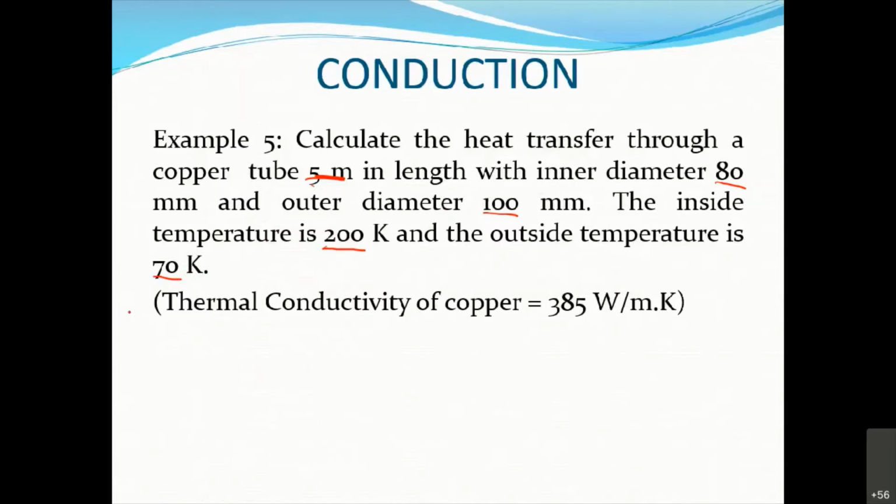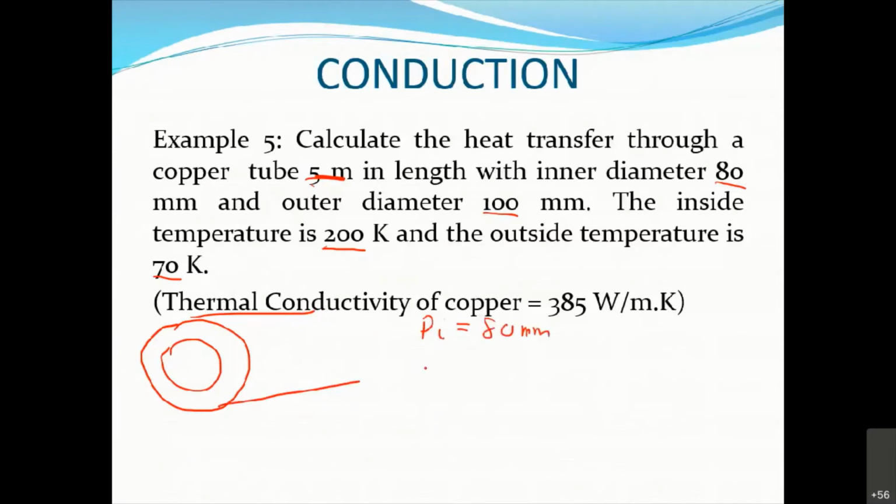So I would prefer if you draw before you solve, meaning that just draw whatever information you have. So let's say we have our inner diameter, our outer diameter, and then this is a tube, so we'll have a length of the tube. So just put whatever information that you can put. You know that your value of di, diameter inside, is 80 mm. Diameter outside, do, is equal to 100 mm.